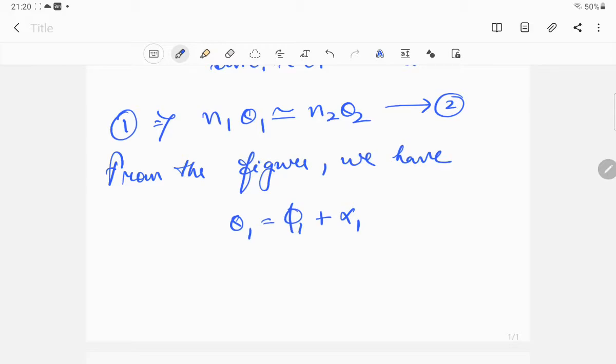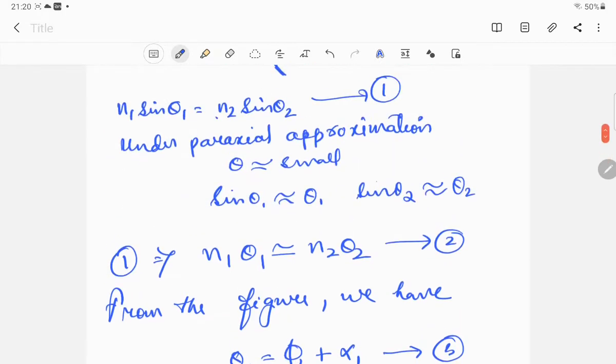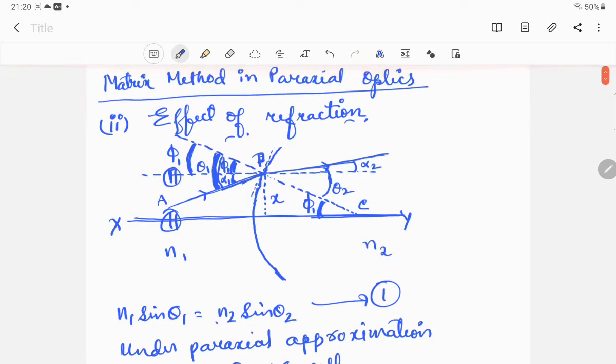Okay, next let us check what is theta 2. So this is equation number 3, and let us check what is theta 2. Let us go back to the diagram. So where do we have theta 2? So this is theta 2. All right, see, these two lines are parallel.